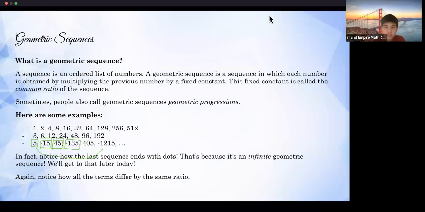So for this one right here, who can tell me what the common ratio is for the third one? Yes, Jasper said negative 3. That is in fact correct. Jasper, can you explain how you got negative 3?